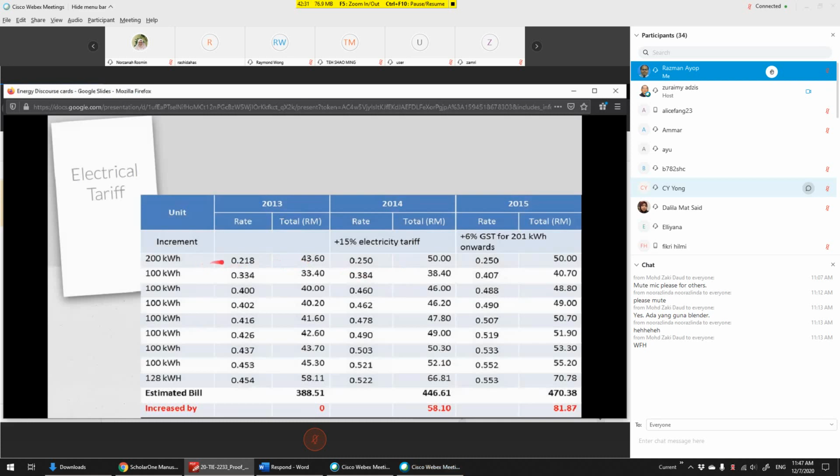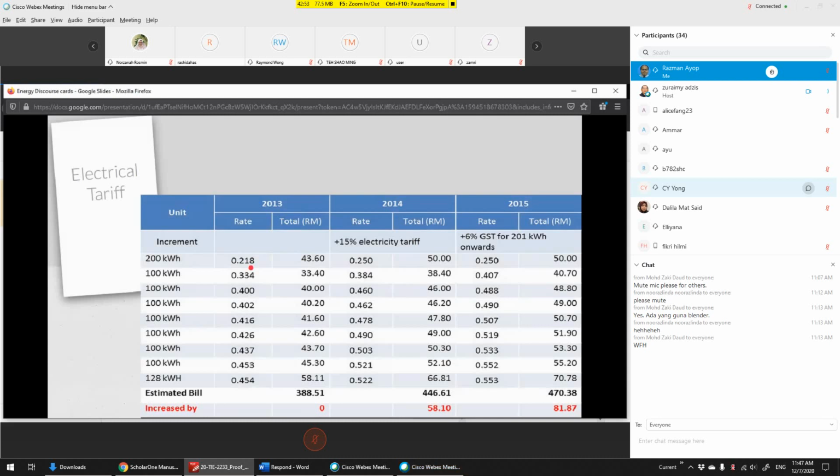For the first 200 kilowatt hours, it's just 0.21 RM, 22 cents per kilowatt hour. Right? So 1 kilowatt hour is as if awak guna streka 1 kilowatt selama 1 jam tanpa henti dan sentiasa menggunakan streka.